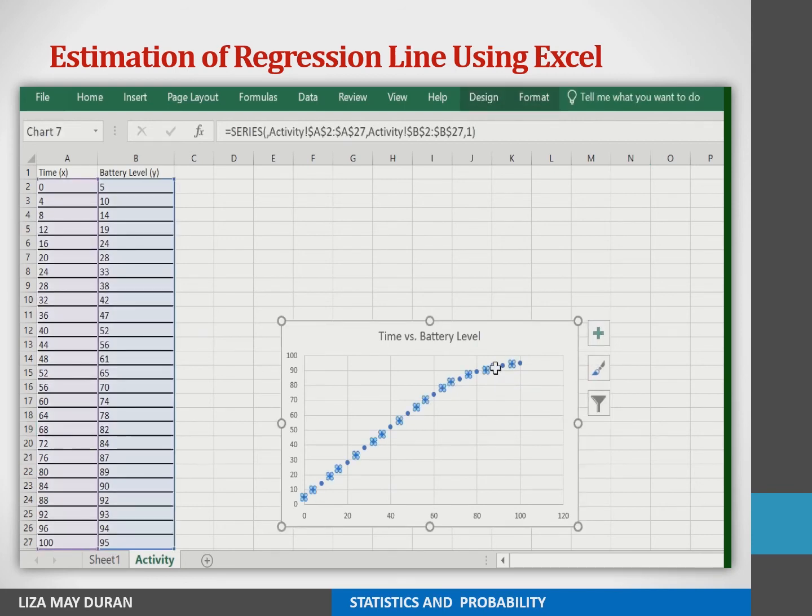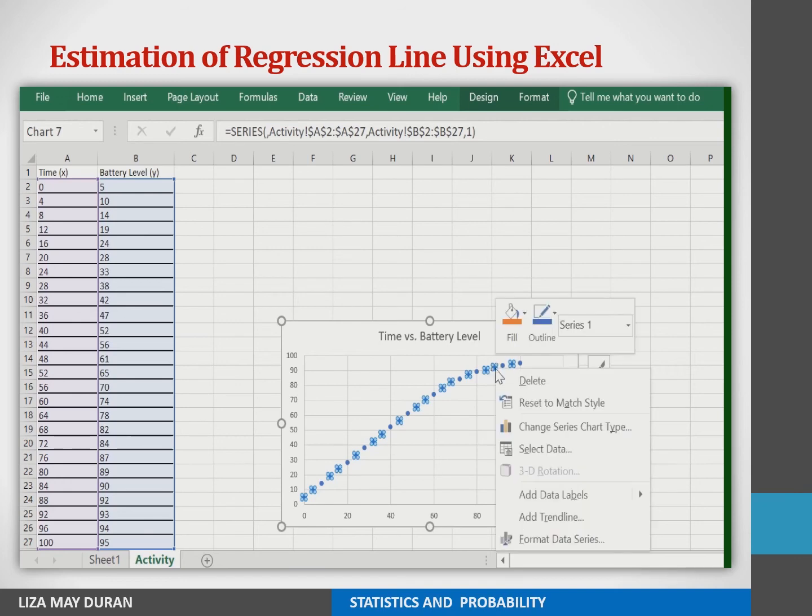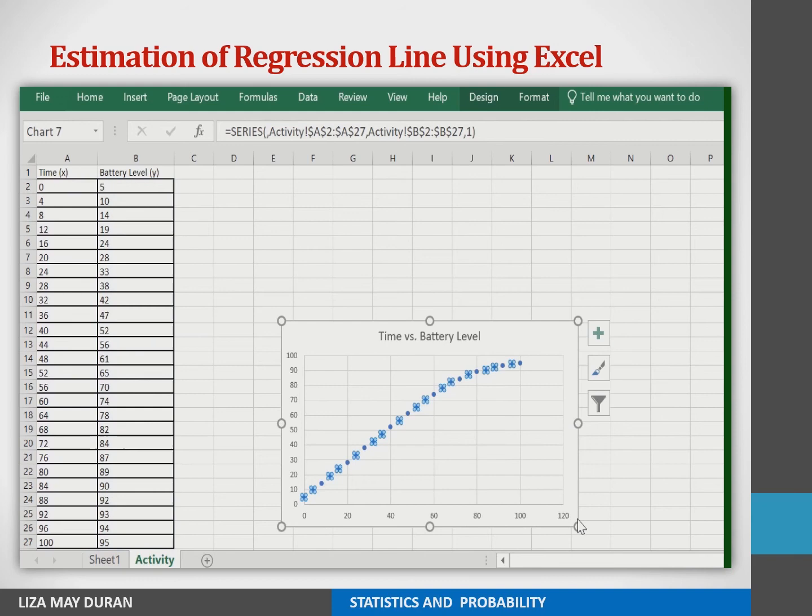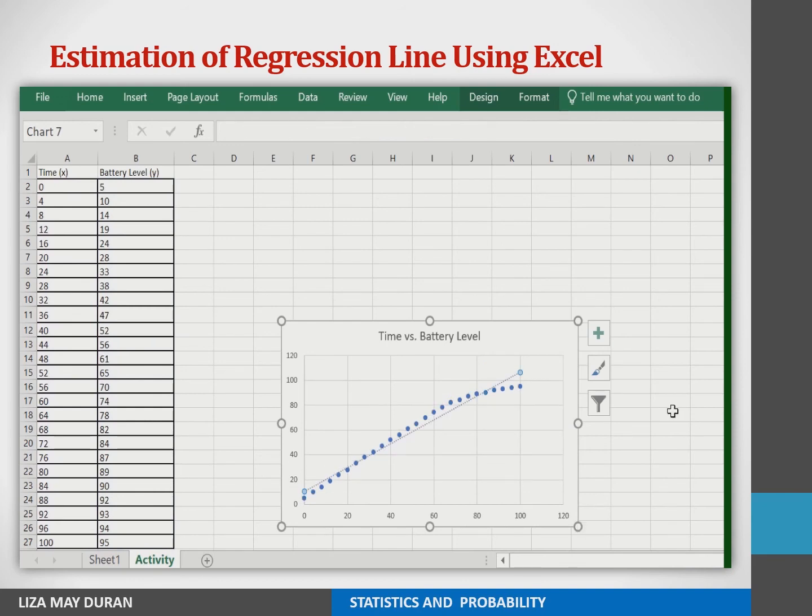The next thing that you want to do is see the trend line here. Just click any dot, then right click, then add the trend line. The trend line shown is in terms of linear. After that, you have to find display equation on chart, and then display R squared value on chart.